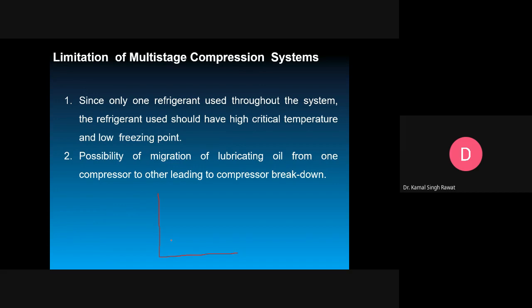For example, carbon dioxide has a very low freezing point, in the range of -78, but the critical temperature of carbon dioxide is 30 or 31 degrees centigrade. Similarly, nitrous oxide also has a very low freezing point, but the critical temperature is low.